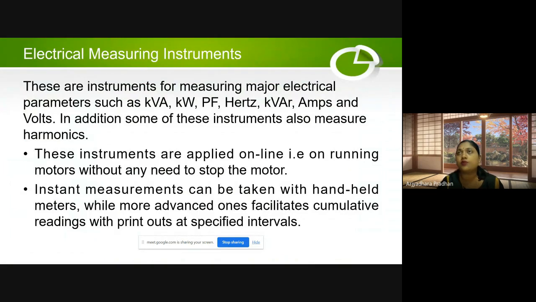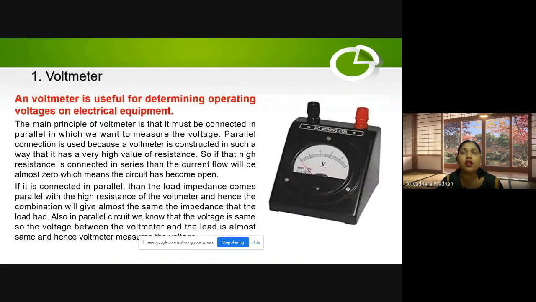Sometimes instantaneous measurements are done by handheld meters like clamp meter type ammeters and clamp meter type voltmeters. Similarly, we have multimeters, which are all handheld meters, while more advanced ones facilitate cumulative readings with printouts at specific intervals. Those meters are already inbuilt in the system so that they give a record of the readings continuously. Now we'll go to voltmeter.